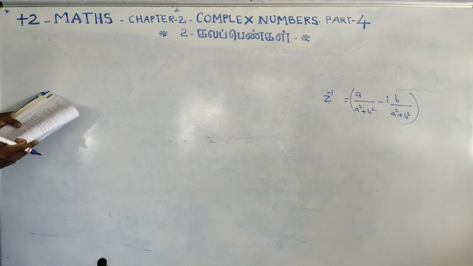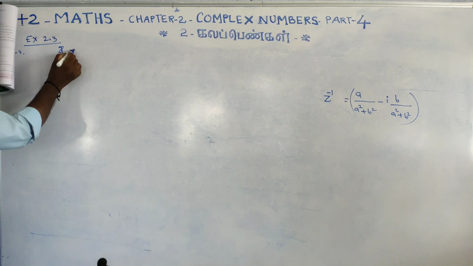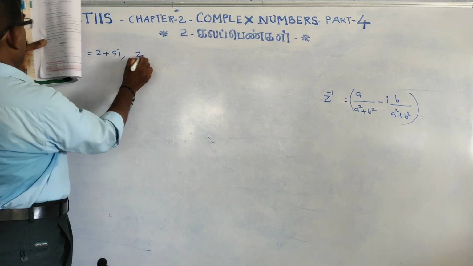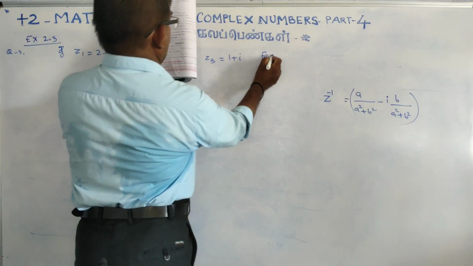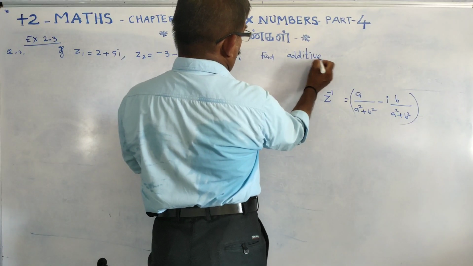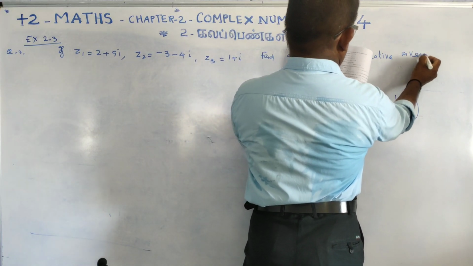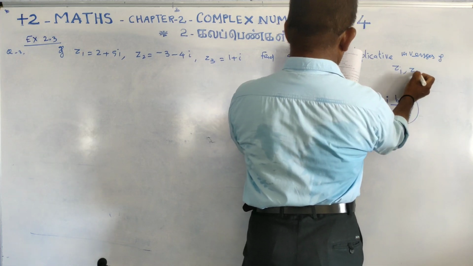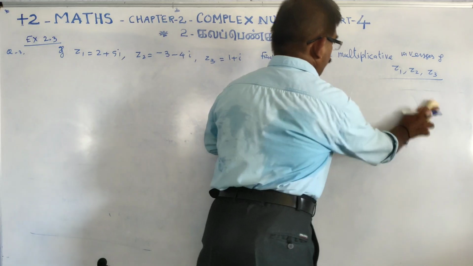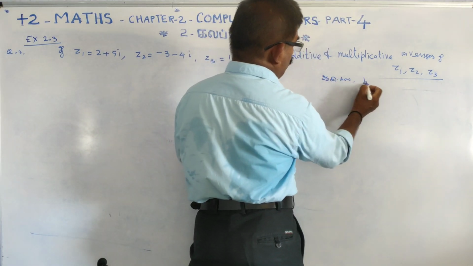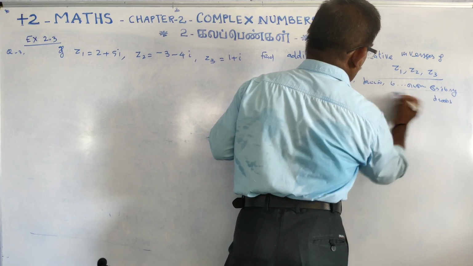Now exercise 2.3, question number 3. If z1 equal to 2 plus 5i, z2 equal to minus 3 minus 4i, z3 equal to 1 plus i, find the additive and multiplicative inverses of z1, z2 and z3. கலப்பெண்களின் கூட்டல் மற்றும் பெருக்கல் நேர்மாறு காண்க.